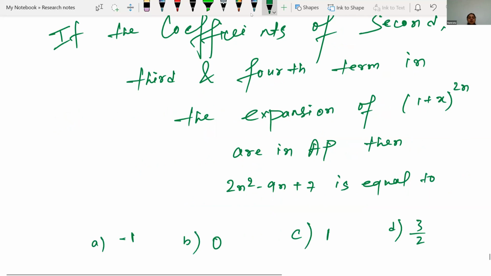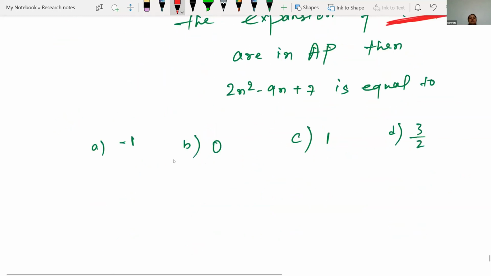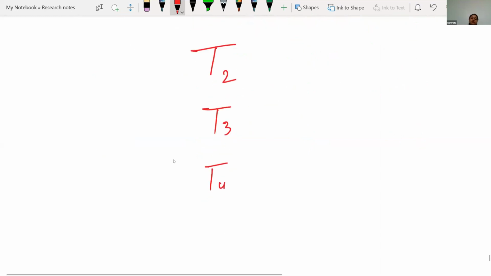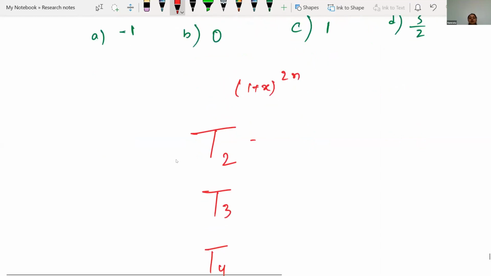Since it says that the coefficient of second, third, and fourth term, you already know how to find the coefficient of any term. So if (1 plus x) to the power 2n is there, you have to find second, third, and fourth term. Will you be able to take it out? Yes, ma'am.